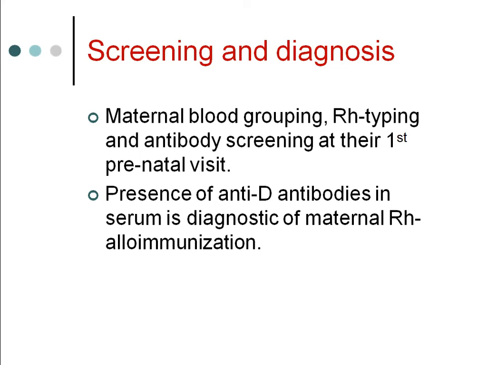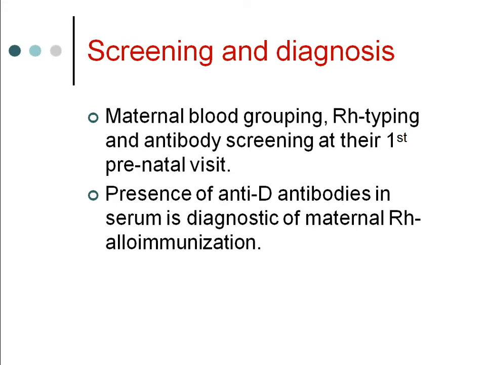Okay. So once you find the father is Rh positive and mother is Rh negative, then the next thing you do is an indirect Coombs test, basically to find out whether any antibodies are present or not. That is what the indirect Coombs test is.